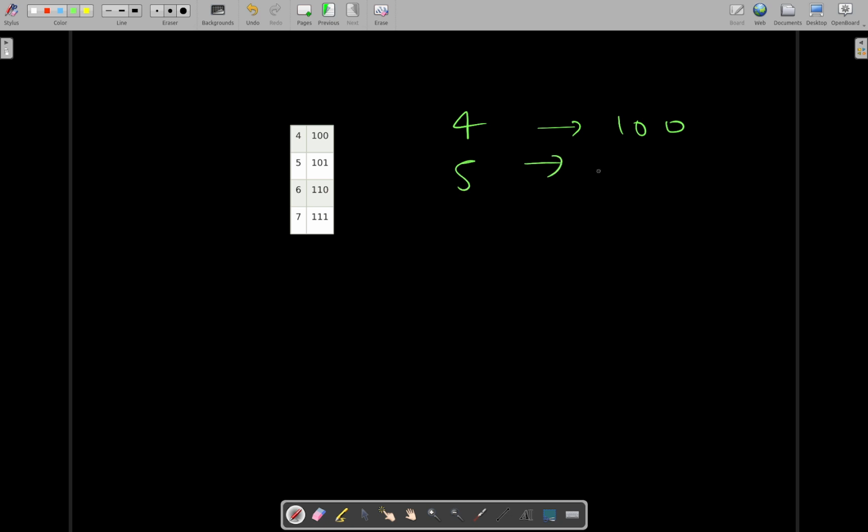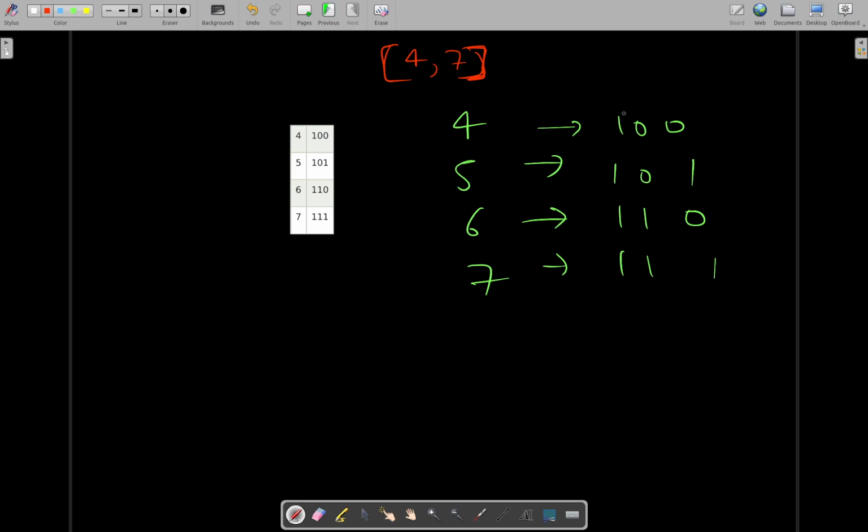So 5 is 101, 6 is 110 and 7 is 111. If you see a pattern here, let's say the range was from 4 to 7, both inclusive.